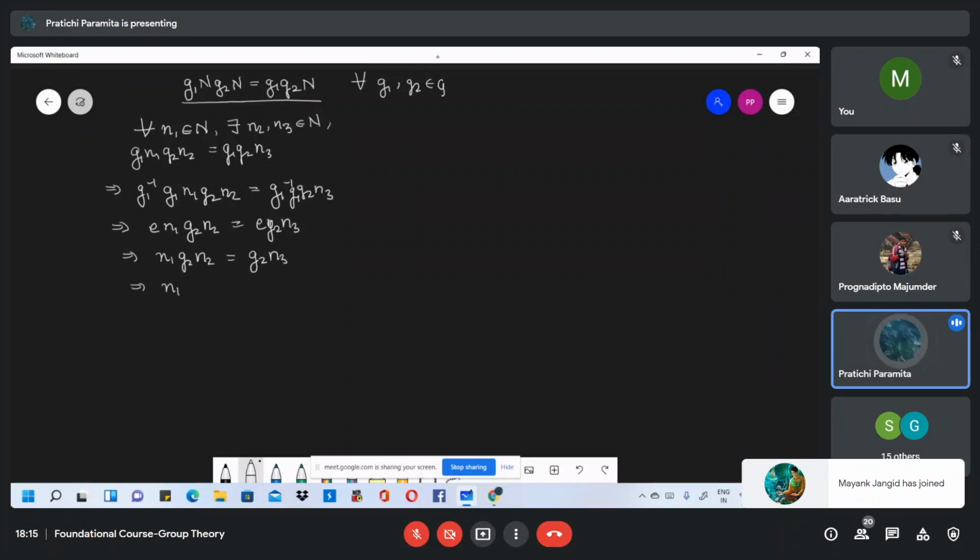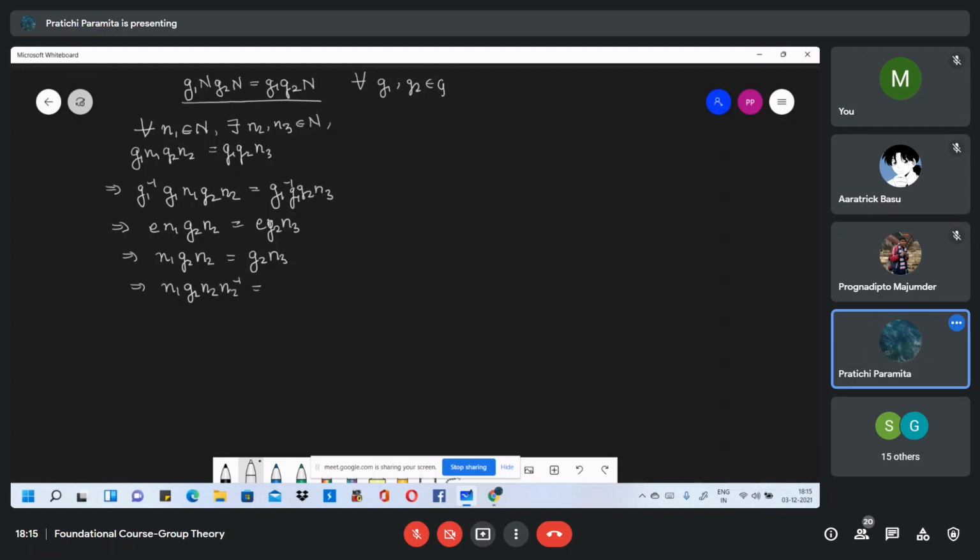So n1 G2 n2 n2 inverse is G2 n3 n2 inverse. So n1 G2 is G2 n3 n2 inverse, and this simply implies that G2 inverse n1 G2 is equal to n3 n2 inverse.